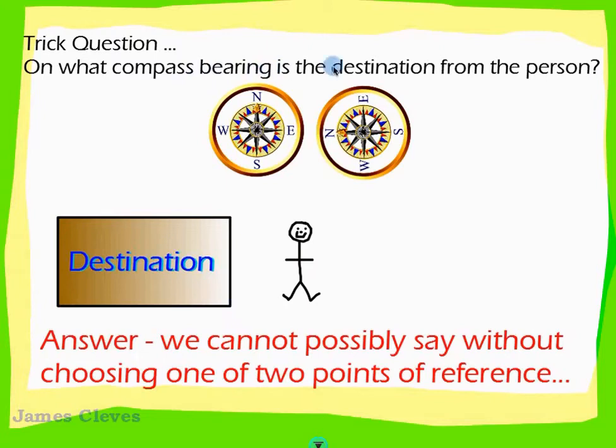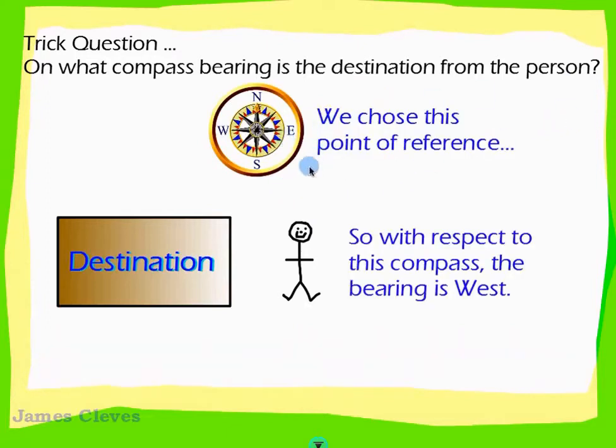Which compass bearing is the destination from the person? We can't possibly say without choosing one of the two compasses to be the one that we believe in, because they can't both be right. So if we choose one of them, say this one, we can easily say that his destination is in the west bearing, or the westbound heading, if you like.